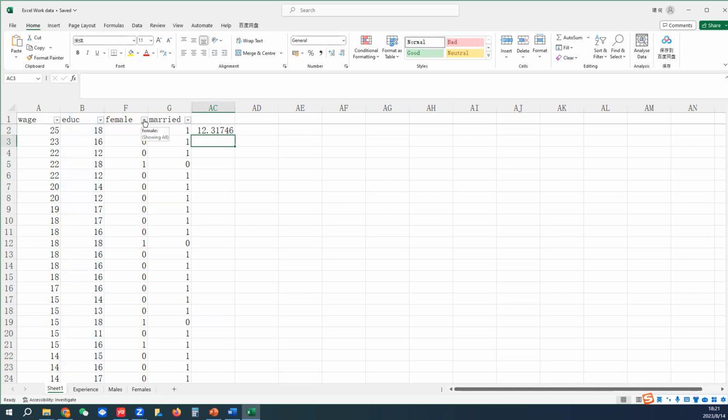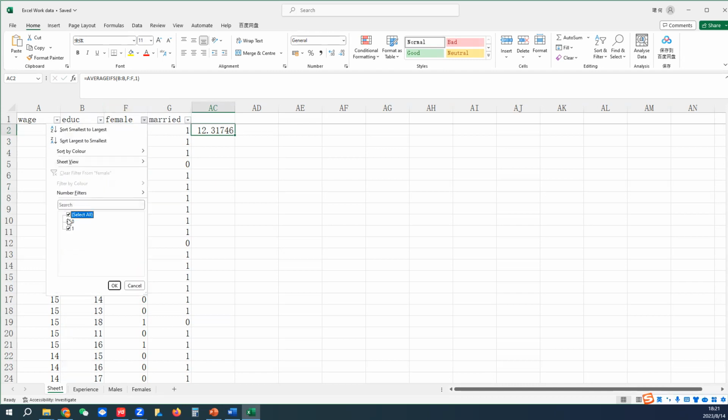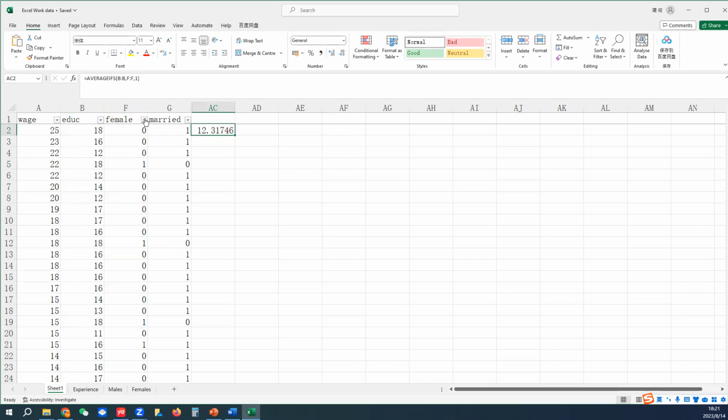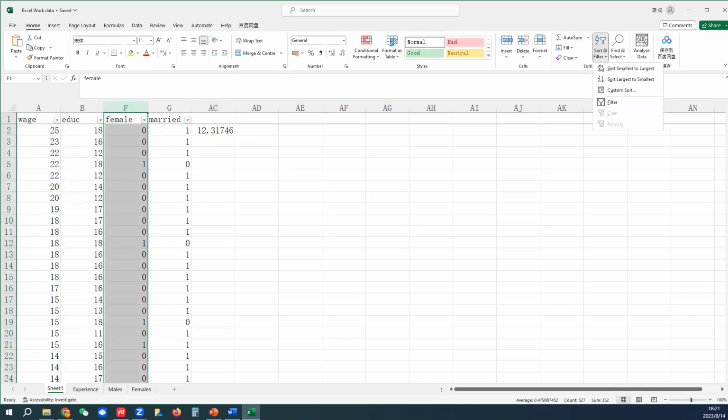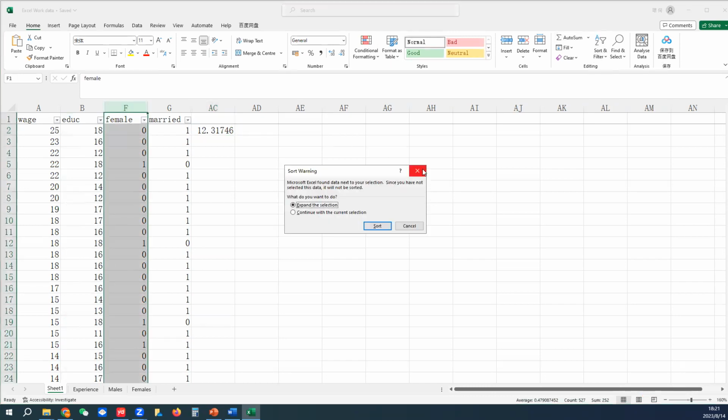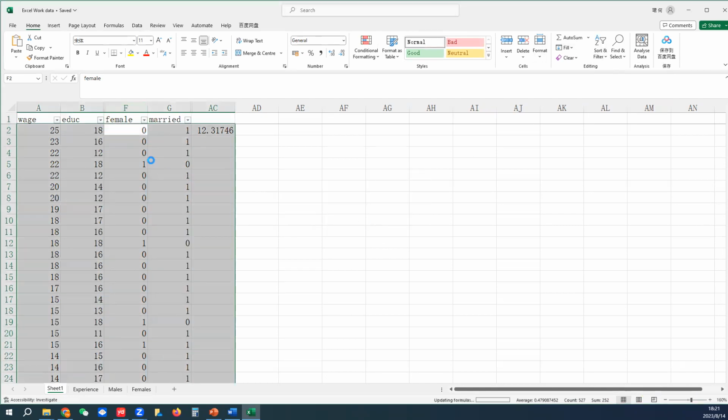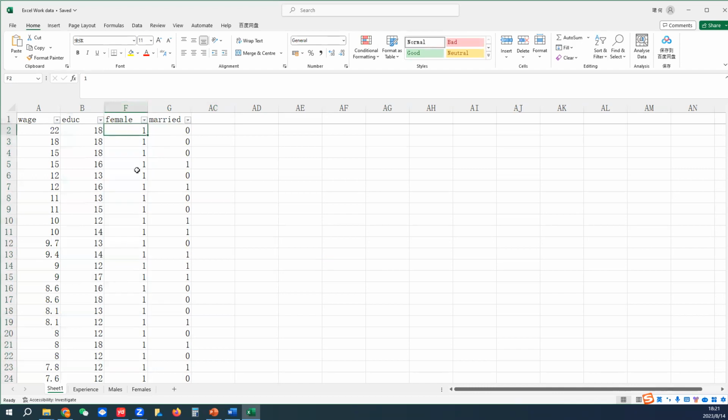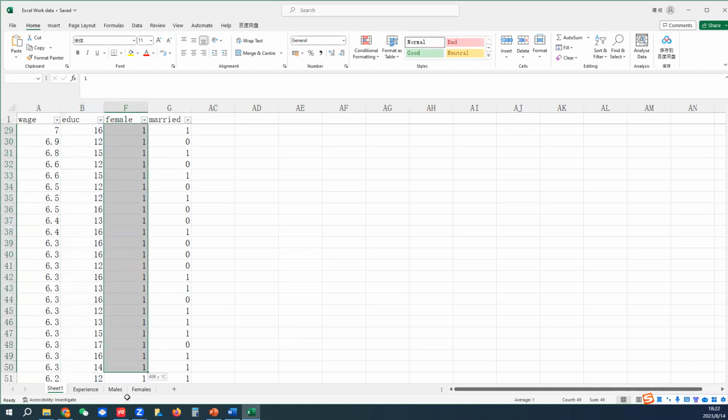Another way that you can do this, which is less straightforward, takes more clicks and is possibly more likely to make mistakes, is you can sort or you can range. Let's say we sort it. Sort is easier. We sort largest to smallest. And those leading ones are females.